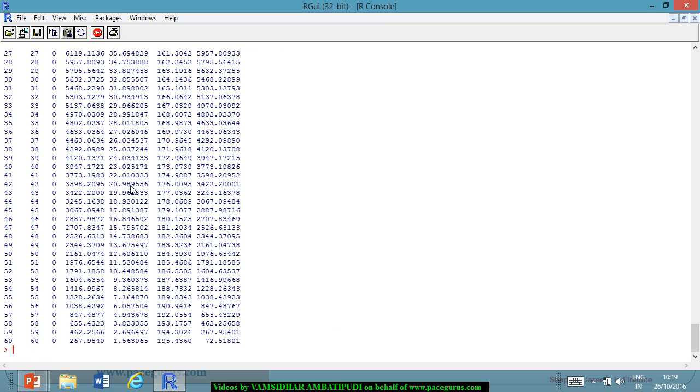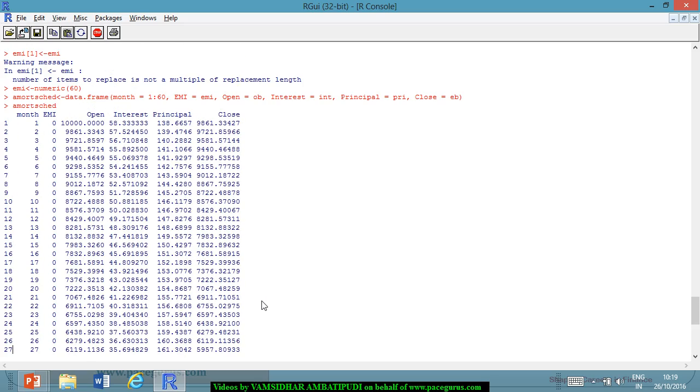Wow, I'm getting a kind of a table which is telling me for each of the months what is my opening balance. So EMI is coming out as 0. So EMI did not come out properly, but let me see opening balance. Okay, everywhere principal is keeping on increasing, interest is keeping on decreasing, right?